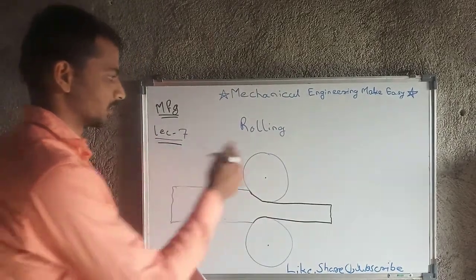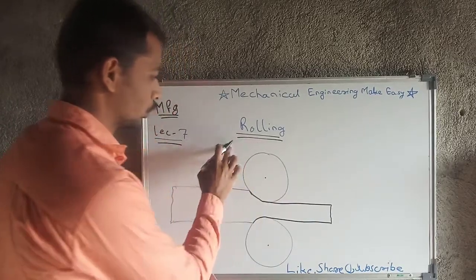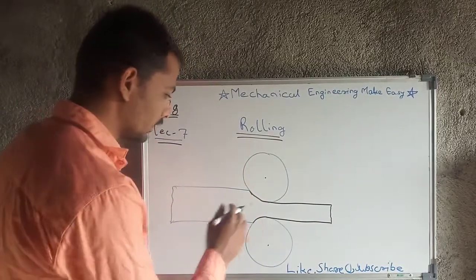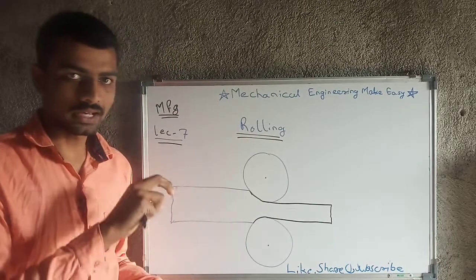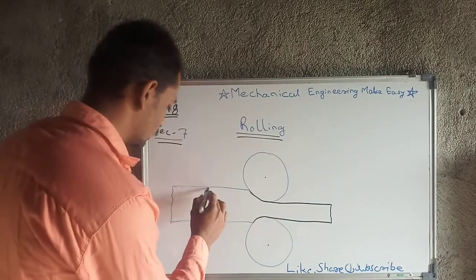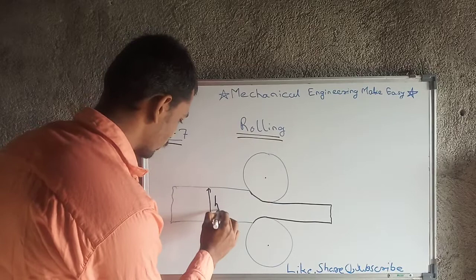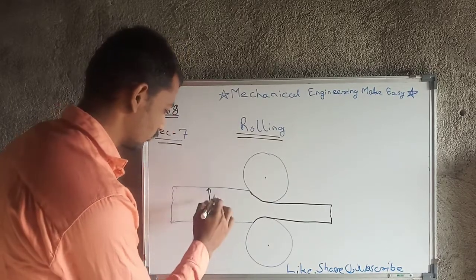So this is the 7th lecture, and in this we are going to cover rolling. So what exactly is rolling? Rolling is nothing but a sheet passing through rollers, that may be of any diameter. We are here assuming a sheet having thickness T1.